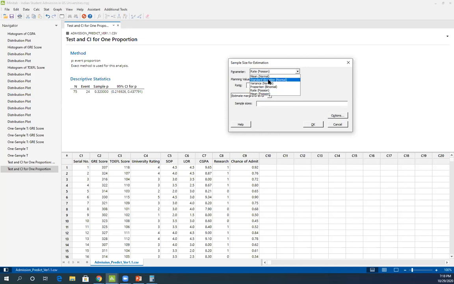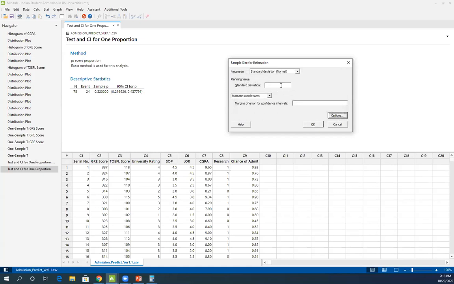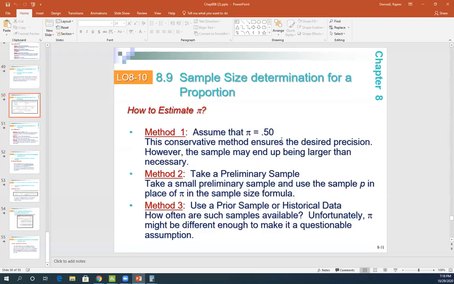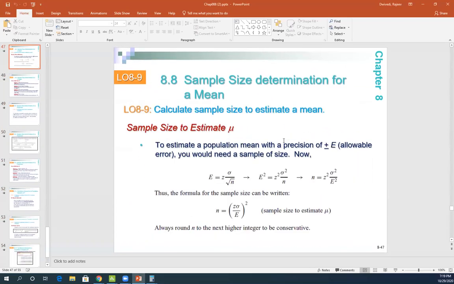So let's say we do standard deviation. So here we have other options, two-sided 90%, and one more option. Do we have an example here? Any example that is in the book, we can do this. So I'm just going to pull out a book and demonstrate one example.